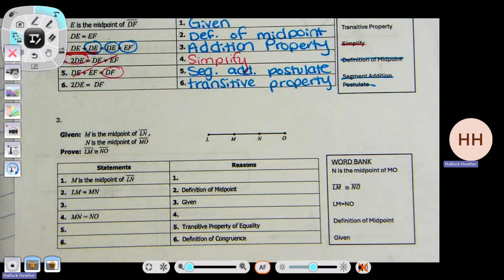So look at your given. There's 3 spaces you could fill out automatically.